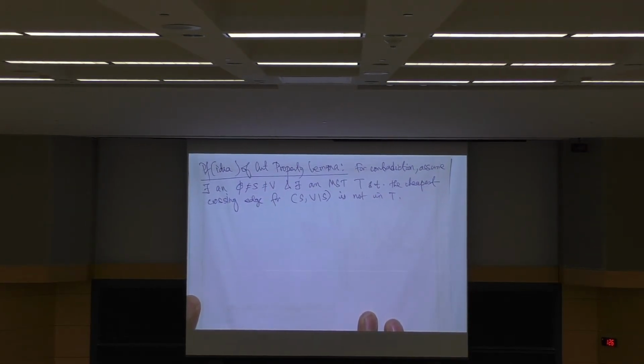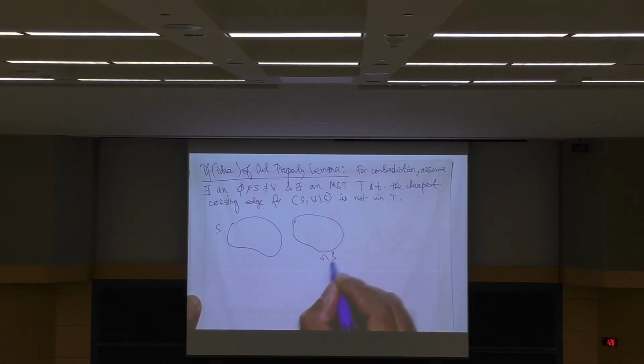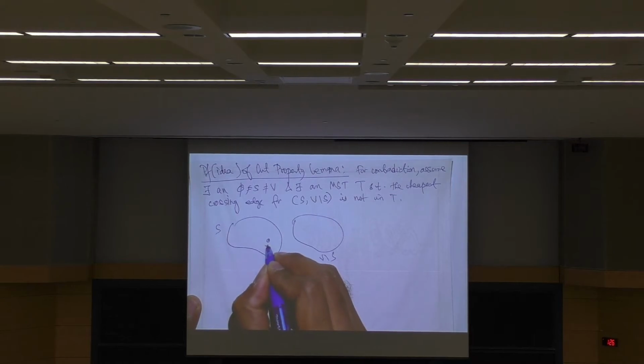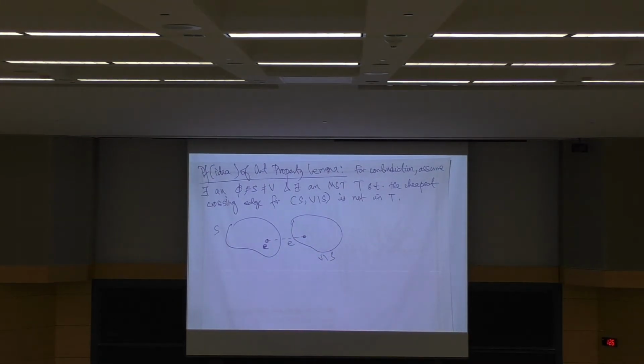So pictorially, we have our set S, V minus S, and I have this cheapest edge e, which I've drawn with a dotted line to signify that it is not in T. Okay, so this is the situation.